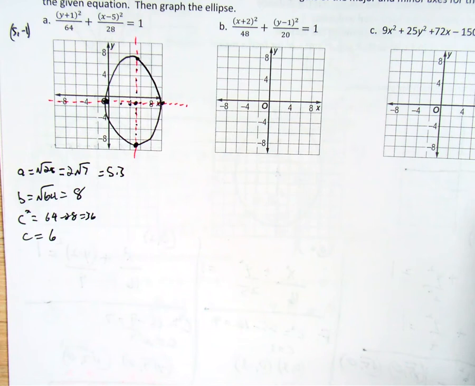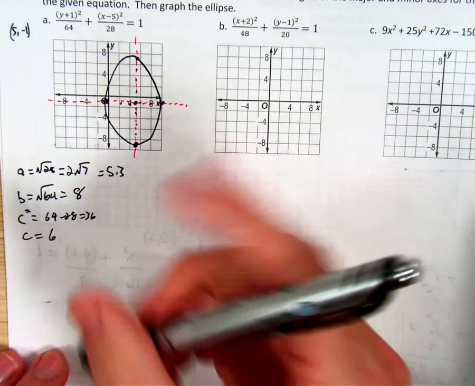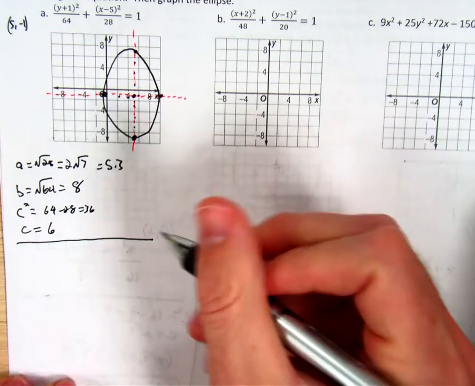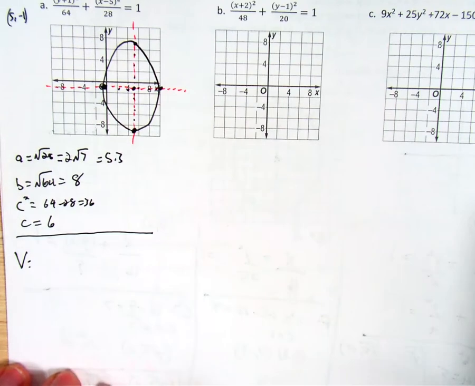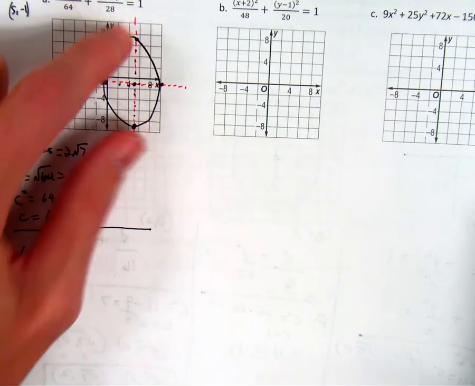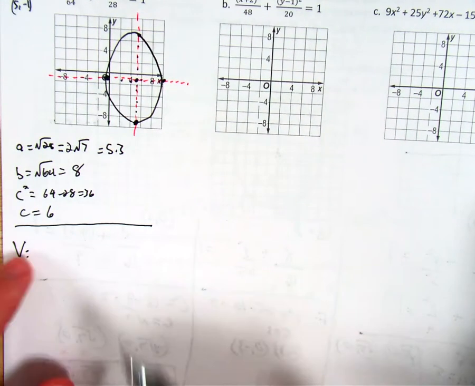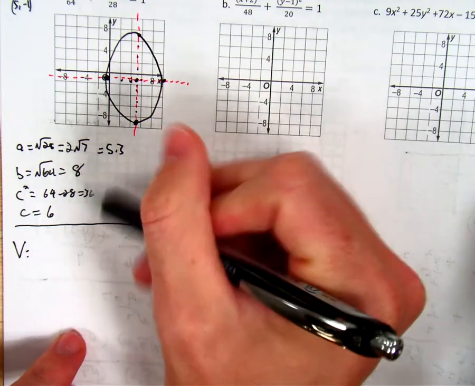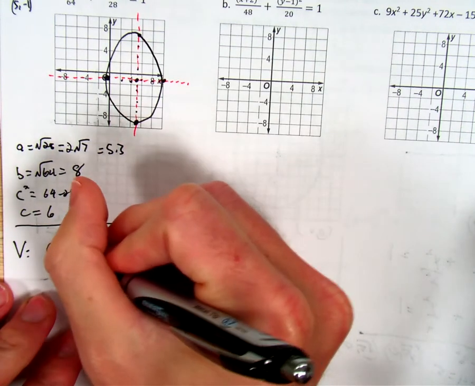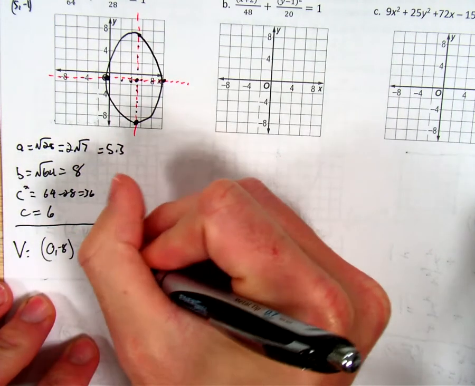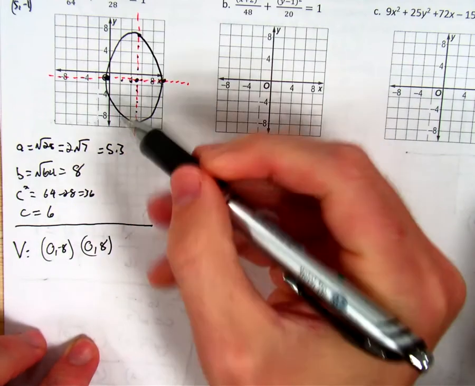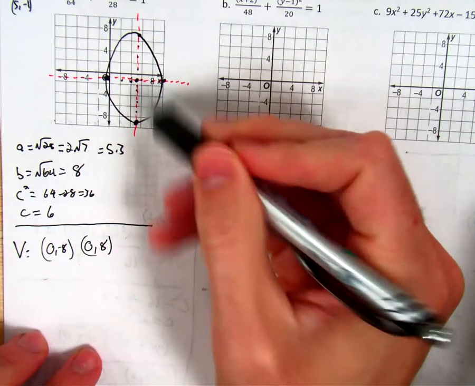Okay, and now we can go ahead and get the actual coordinates of our points. My vertices: if that was 0, 0, my vertices would be at 0, negative 8 and 0, positive 8, because it's a tall one, so this is going to go in the y's.